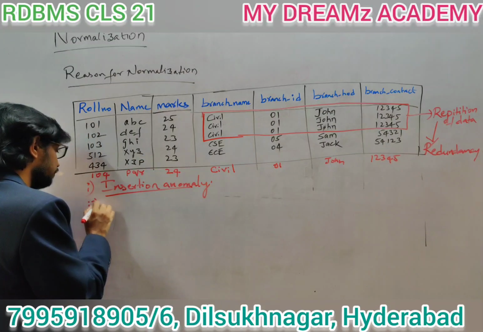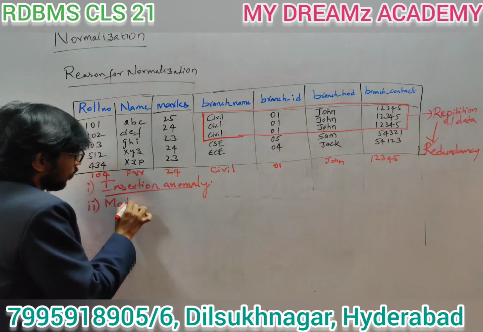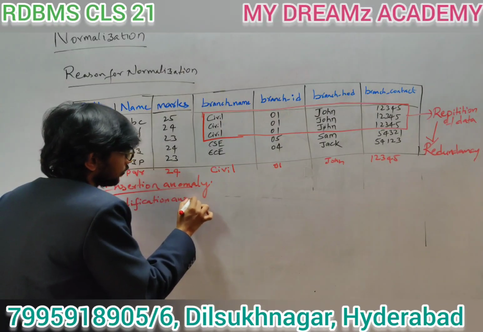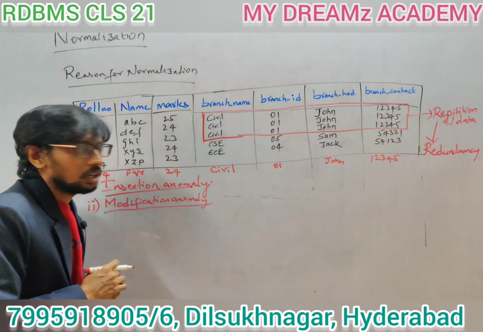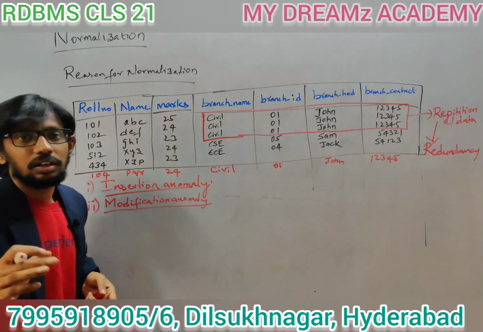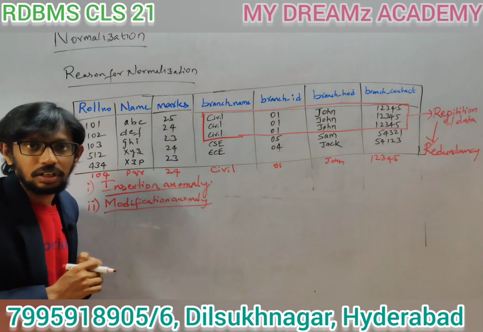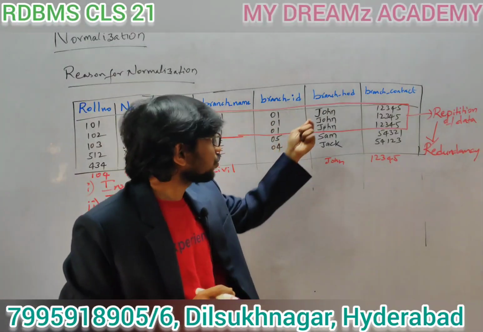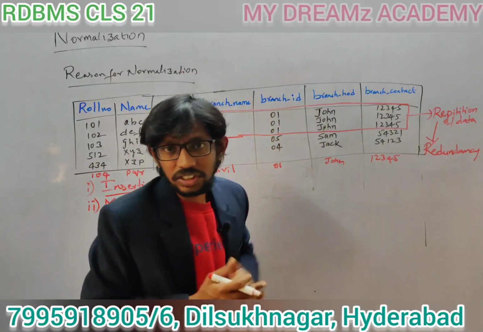Next one is modification anomaly. Now what is this modification anomaly? See here, suppose you assume that there are some 500 students in the civil engineering department, right? Suppose, unfortunately or fortunately, the HOD name has got changed.